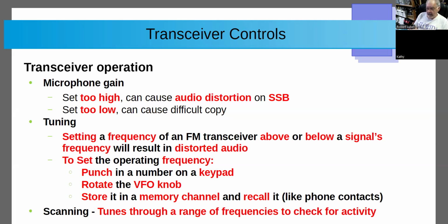But putting it in a memory channel allows you to easily recall it. So you can have a bunch of repeater or simplex frequencies stored, so it's easy to call them up. And you do that on either a handy talkie or a VHF, UHF base station, which would have those same capabilities.